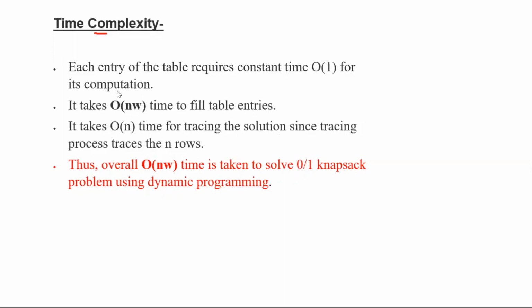So finally, big O is NW to solve the 0-1 knapsack problem using dynamic programming. The space complexity is big O NW as well, since we need an extra table with size n plus 1 by W plus 1.